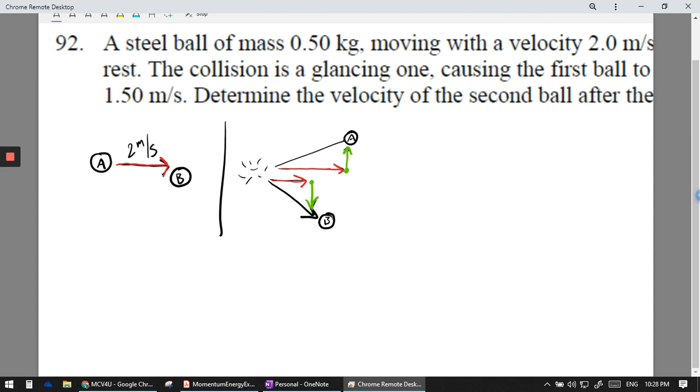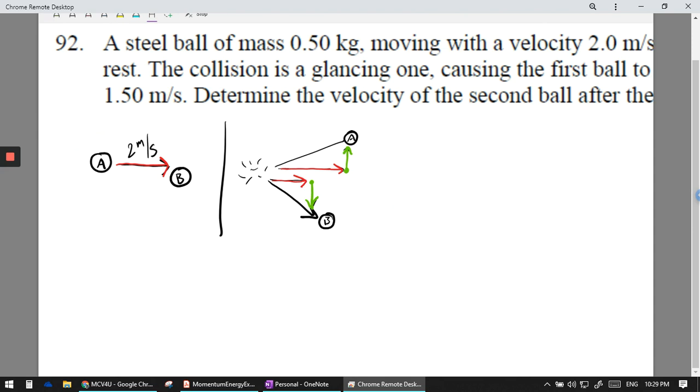Well, because the vertical momentum in this section of the question is 0, and therefore the vertical momentum over here should also be 0. Okay, so because we conserve momentum, I've got no vertical momentum in the left-hand picture, which is this one, and so I should have no vertical momentum in the right-hand picture as well.